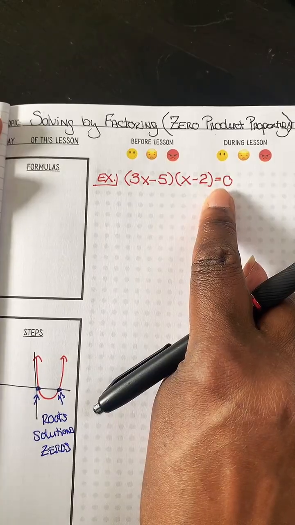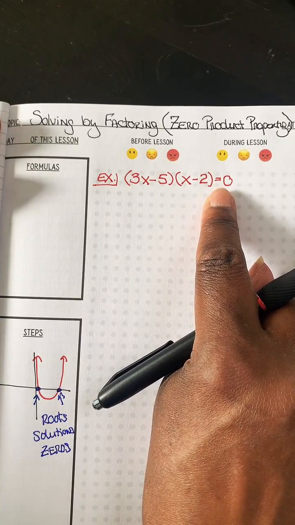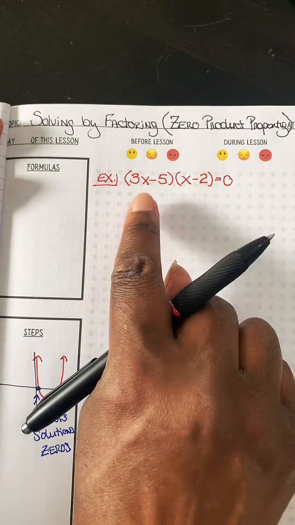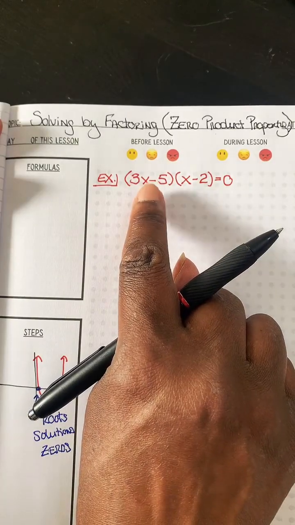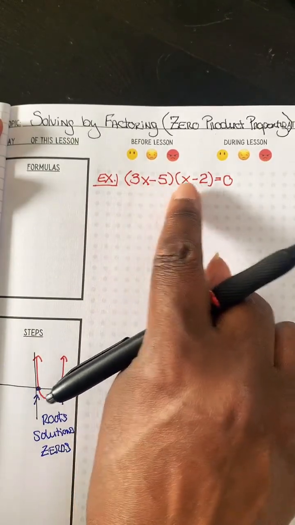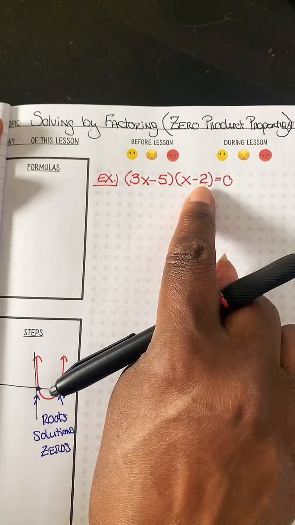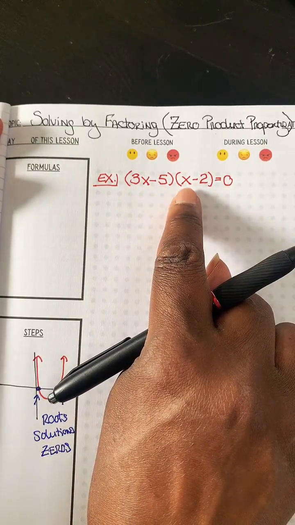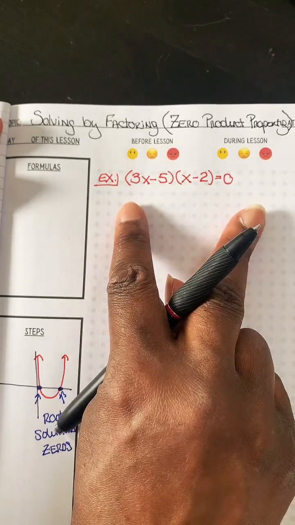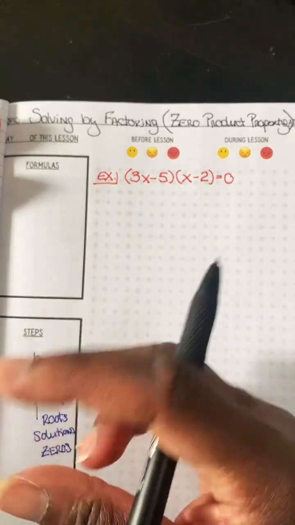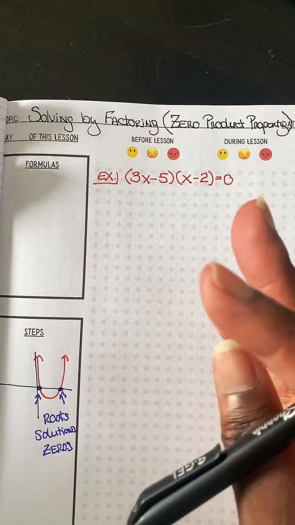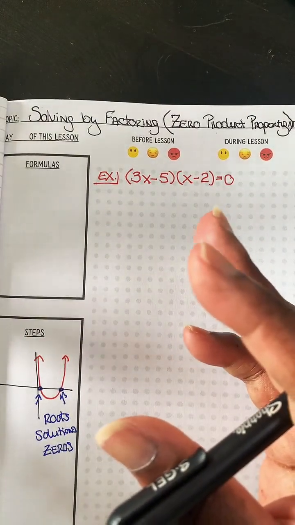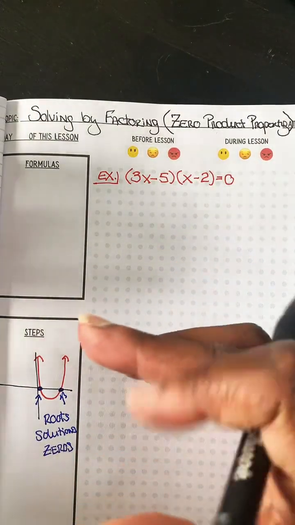When I see the equal to 0, that means there are two of these products. I want to know what value of x, and there's going to be two of them, because we're talking about quadratics now. Not quadrilaterals, quadratics.